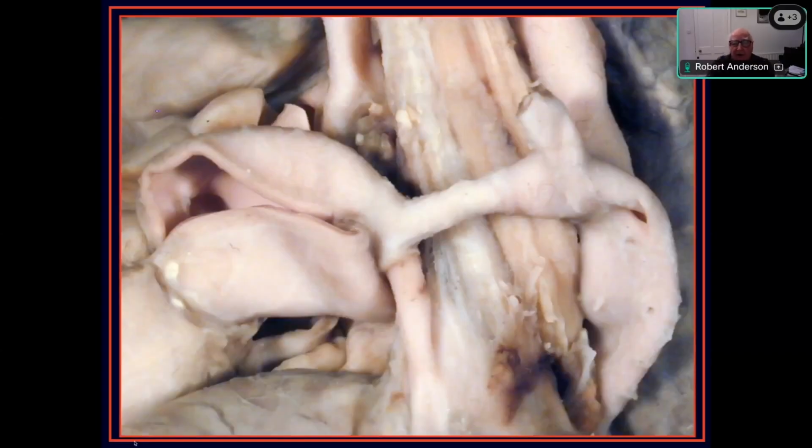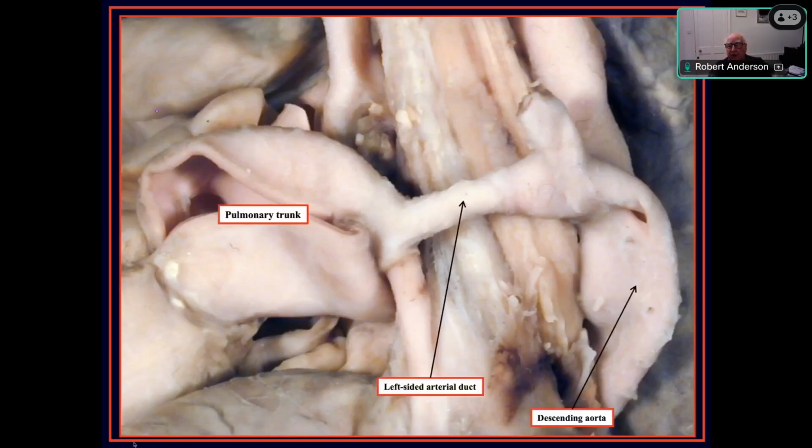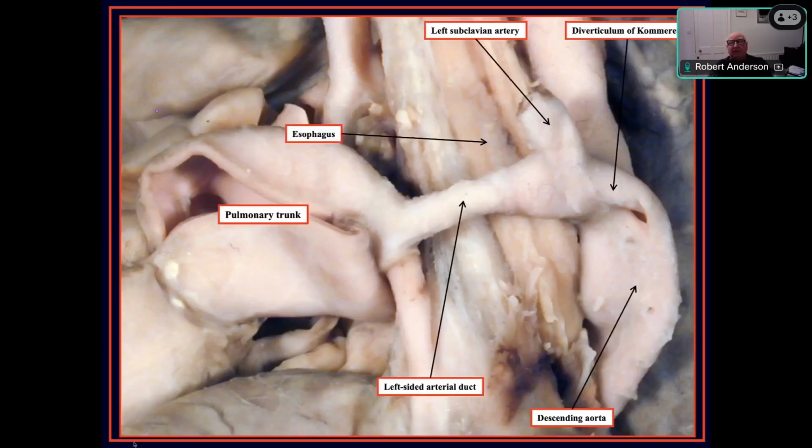So if I turn the specimen so that you can now see its left side, there you see the left-sided arterial duct. You see it's arising from the pulmonary trunk. And now you see how it is continuing dorsally to join the descending aorta. So there is the left dorsal part of the left arch feeding the left subclavian artery. And there you see it encircling the esophagus, which is why we have a vascular ring.